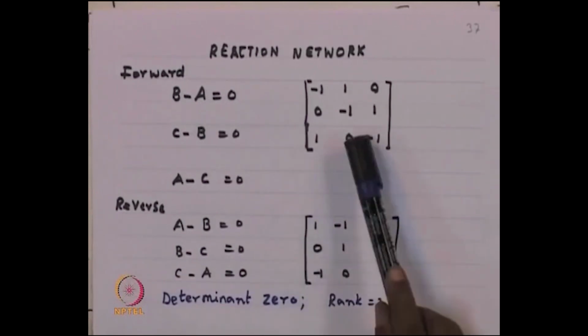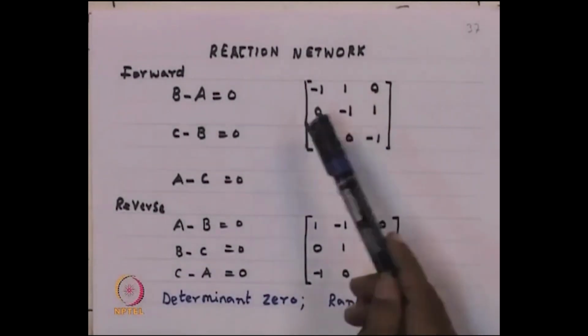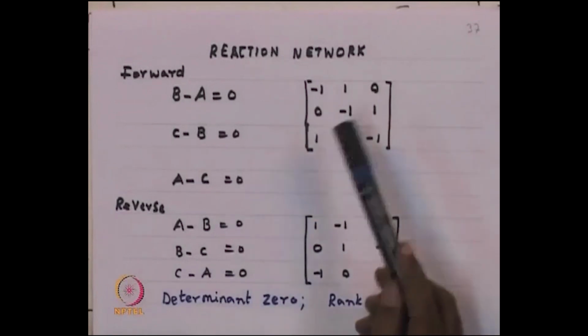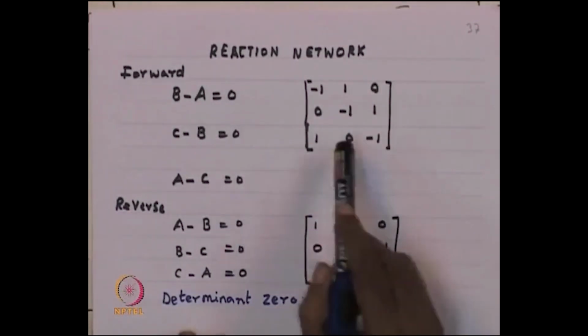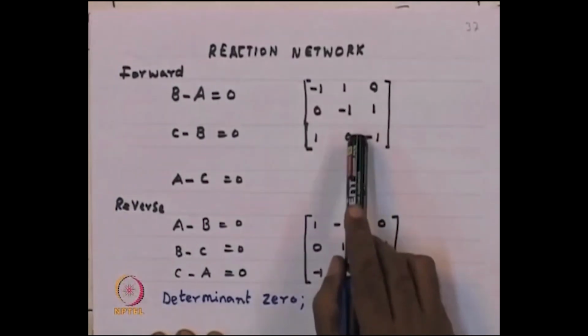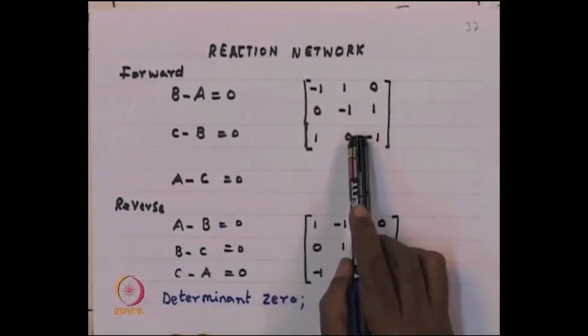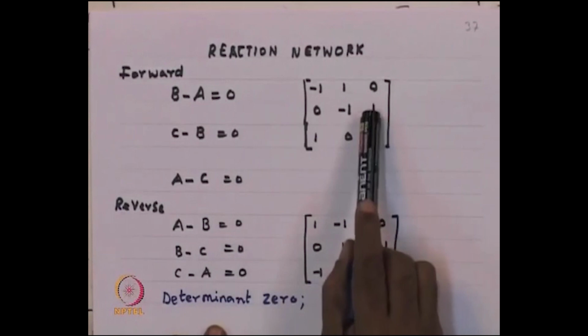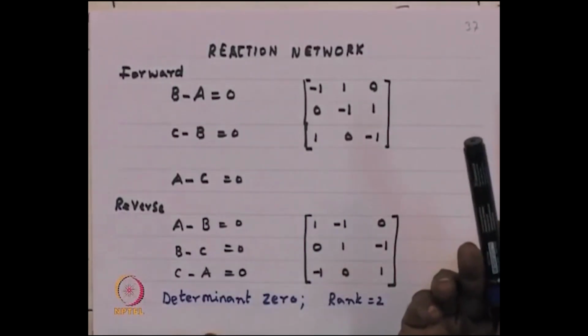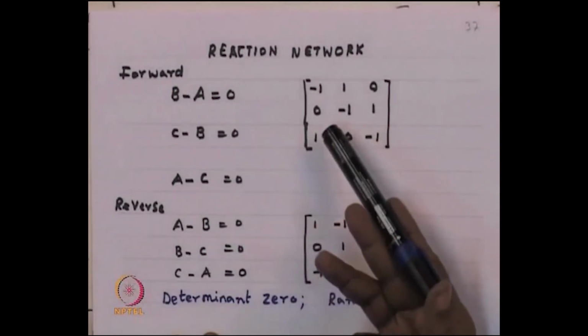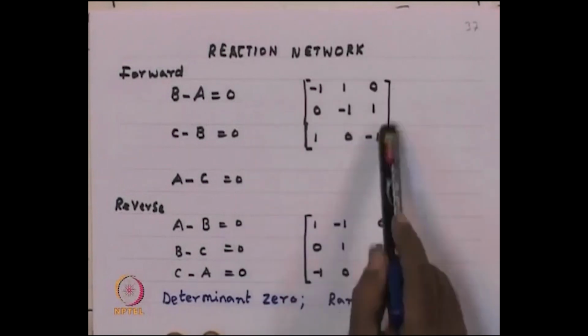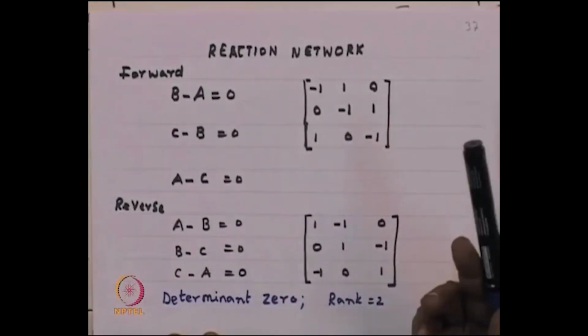Okay. Now, we can actually do the determinant and find out for ourselves in a very simple determinant we can do right now. Find out the rank of this matrix, please. Find the rank of this matrix, minus 1 multiplied by this, please. Just have to see what is the determinant. If you find the determinant of this matrix, it will tell you it is 0. Okay.